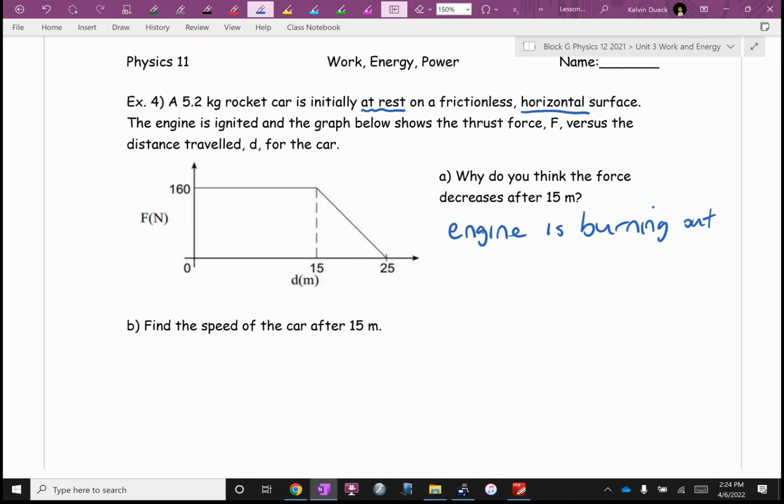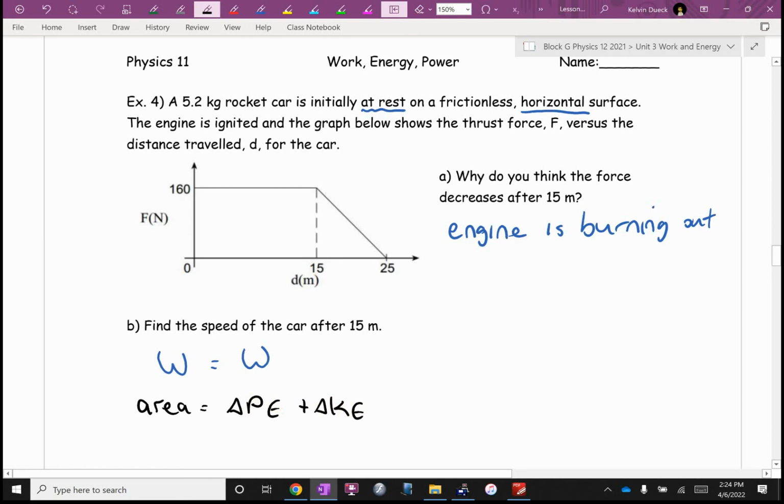I'm going to, again, write down the Captain Obvious statement. Work equals work. Well, duh. The area equals the change in potential plus the change in kinetic.